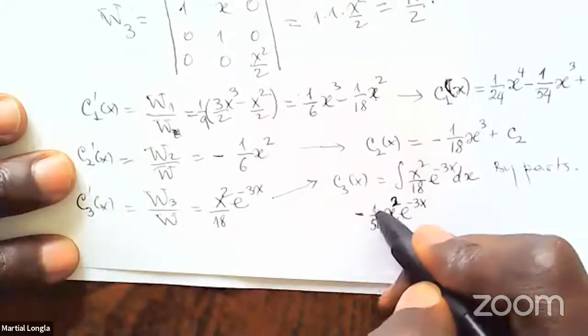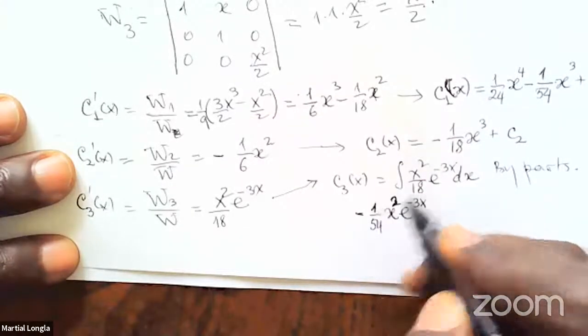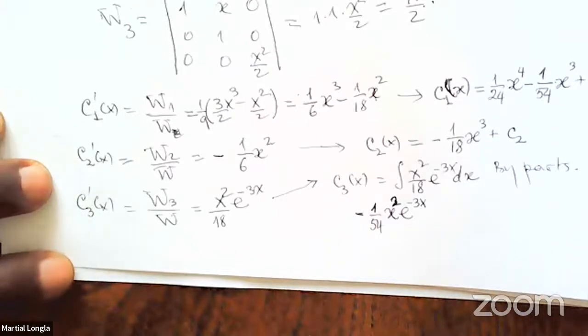And then minus 1 over 81 x e to the negative 3x. I understand. Let's go step by step on your integration by parts.